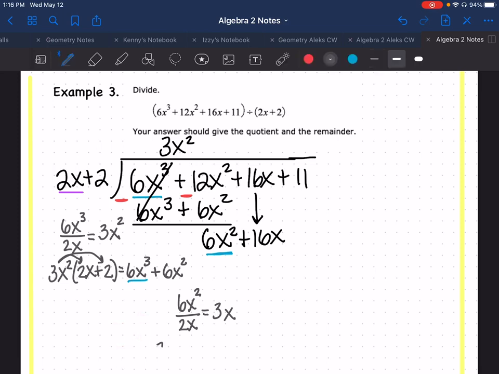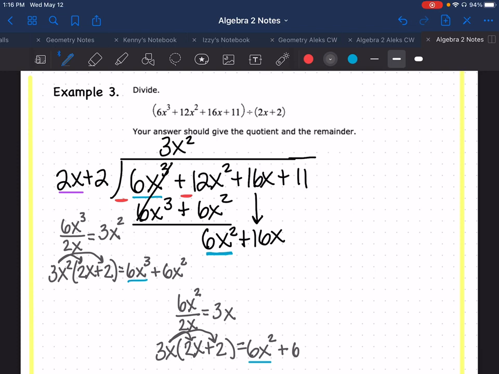I also need to think of what is 3x times 2x plus 2, and I have to do the distributing. Does this have to be written down? No. If you can do this in your head, perfect. Notice this one and this one, they match. This one and this one, they match. So that lets me know that I multiplied correctly, that I divided correctly.